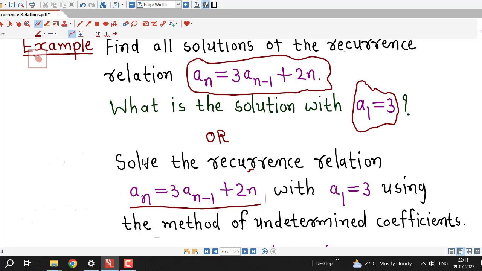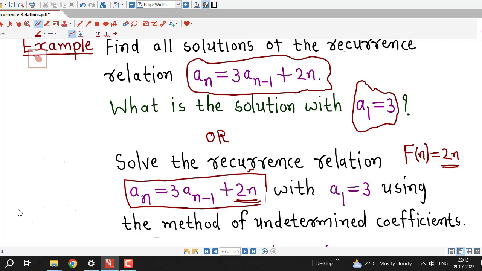Now, to solve the non-homogeneous recurrence relation, first step is to write down the homogeneous recurrence relation associated with given non-homogeneous recurrence relation. So for that homogeneous recurrence relation, we ignore the function of n which depends on n only. Here f of n is 2n, and this f of n makes this recurrence relation non-homogeneous.